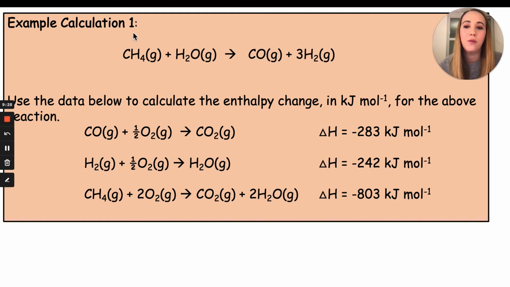So we're getting a lot of information in the question. This equation that hasn't got a delta H value is the equation we want to work out the delta H for. And the question has given us the equations involving these chemicals that we're going to be able to manipulate to help us do that, and it's given us their delta H values. Now this will usually be the case when you're looking at past paper questions and the examples that we're going to work through.